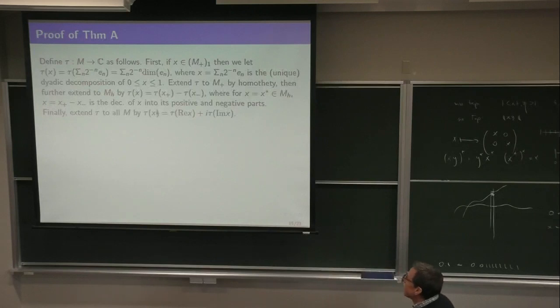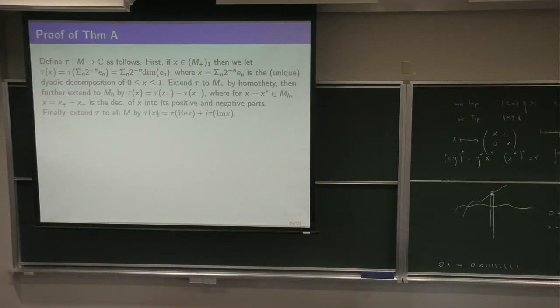Now, with this at hand, we define, as I said before, tau on M as follows. First, for x in the unit ball of the positive cone of M, we take x in its decomposition this way. I define tau of x to be the sum over n of 2 to the minus n times the dimension of En, which we have.